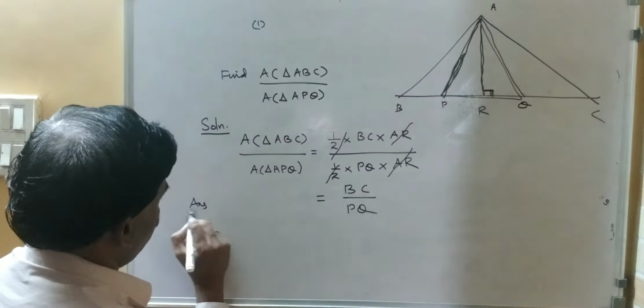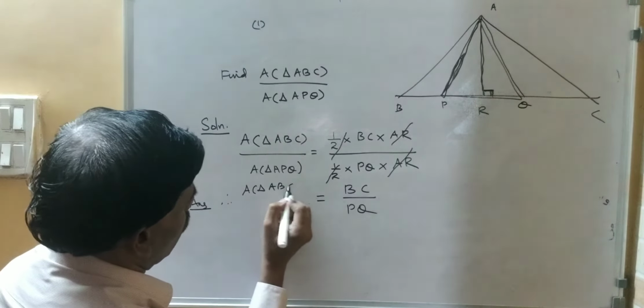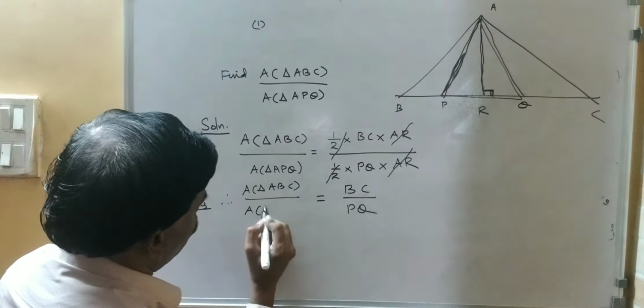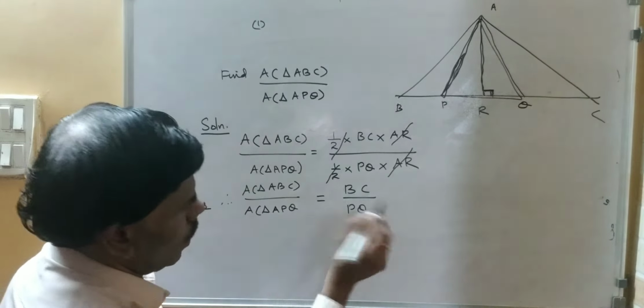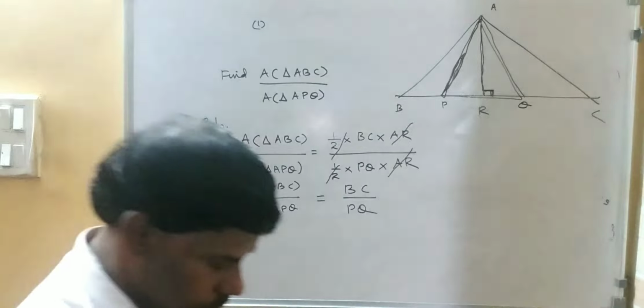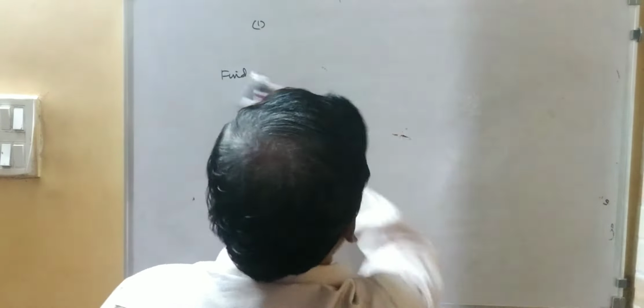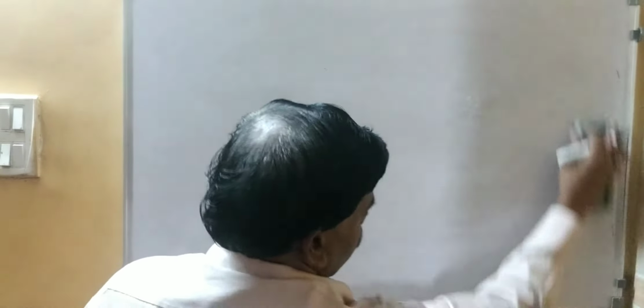Therefore, area of triangle ABC upon area of triangle APQ is this. Understood? Now one more sum we will do. Number 2.